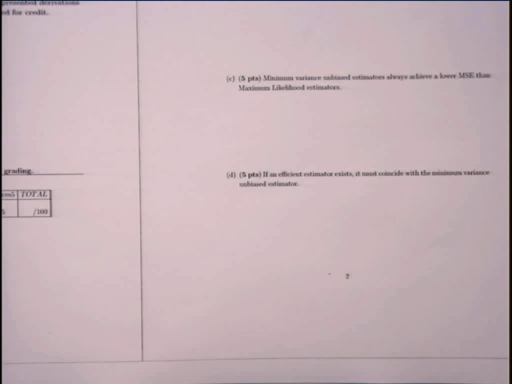Efficient here means unbiased. One direction would be false, because the minimum variance unbiased estimator does not need to be an efficient estimator, but this is going the other way. So the answer is true.